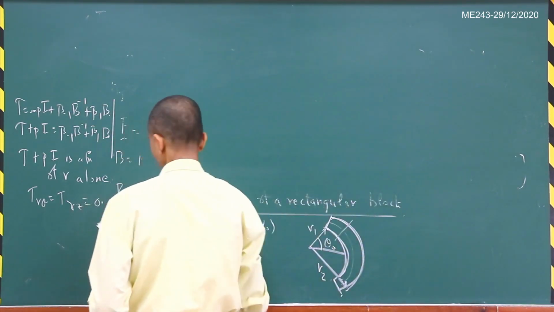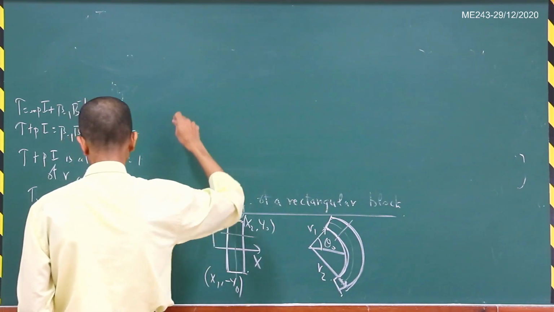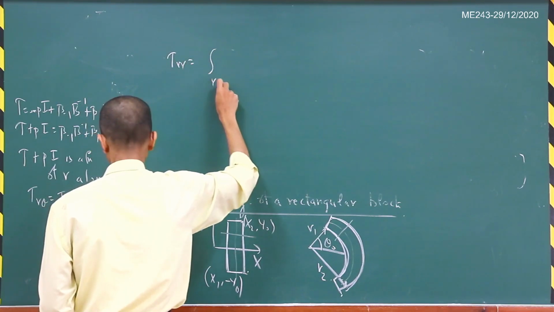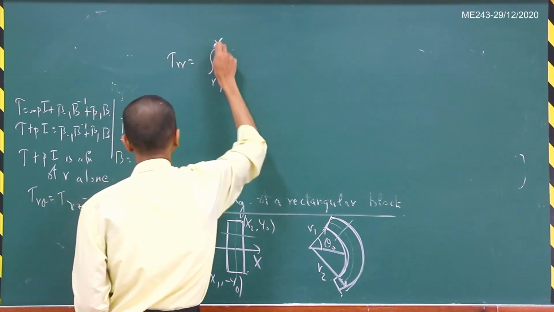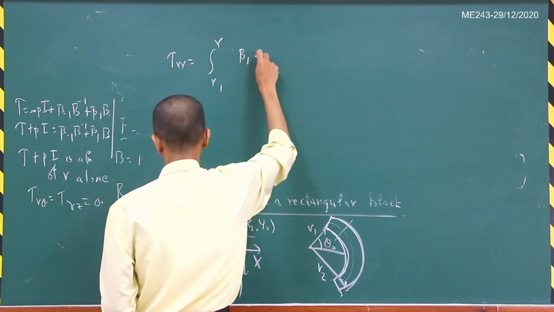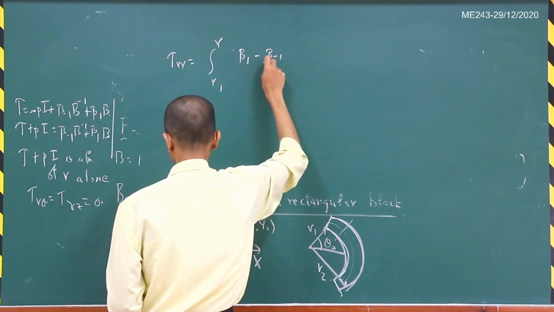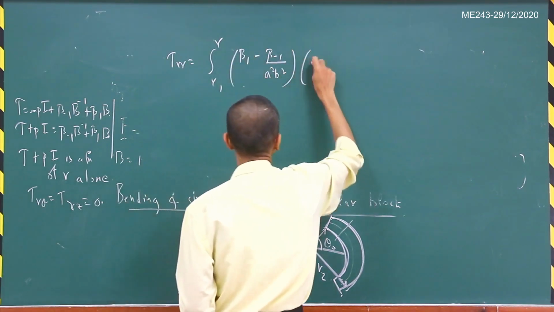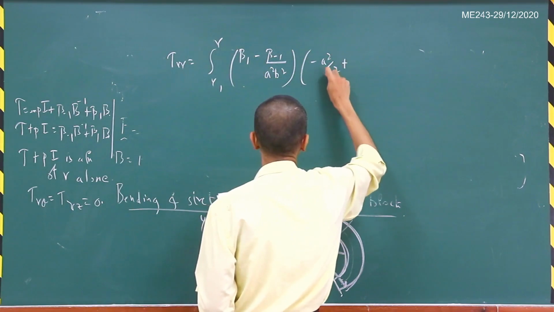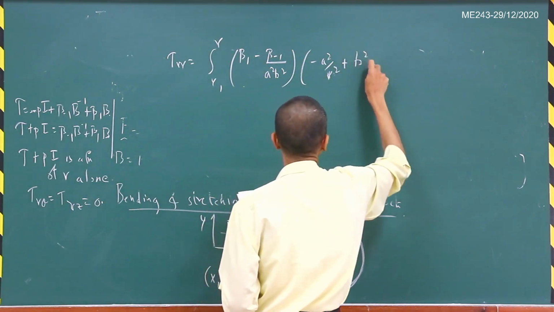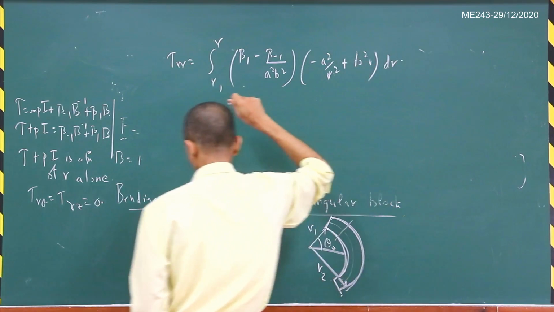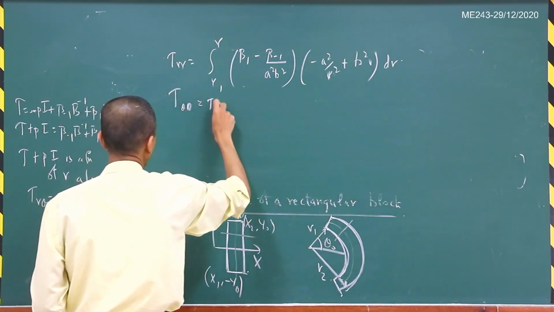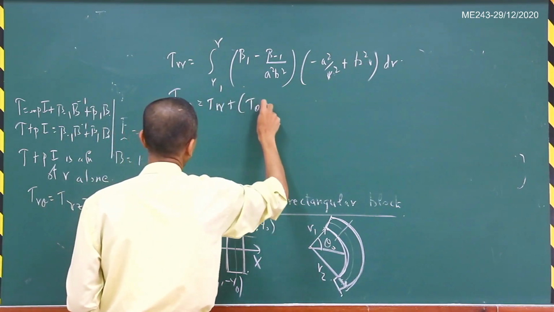So you will get now that tau R is equal to the integral from R2 to R1 to R of (beta 1 minus beta minus 1) by A square B square times (minus A square by R square plus B square R) times dr. And then tau theta theta is equal to tau R plus (tau theta theta minus tau R).